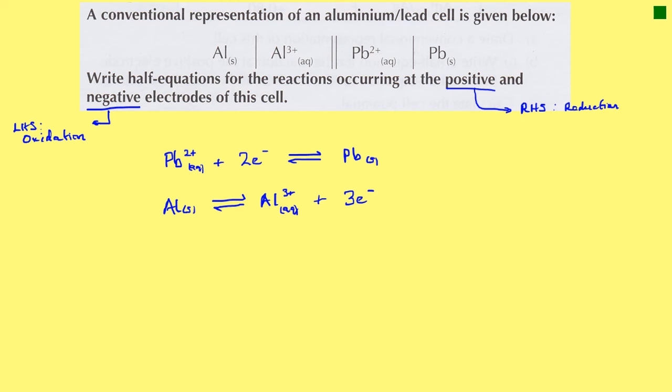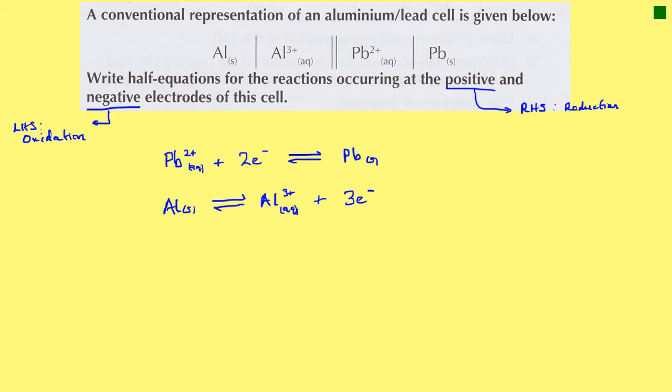So the first thing you'll remember is that the positive electrode is on the right hand side, and that's where reduction happens. Remember that from the previous slide. And then the corollary is the negative, so that's going to go on the left hand side, and that's where oxidation happens.